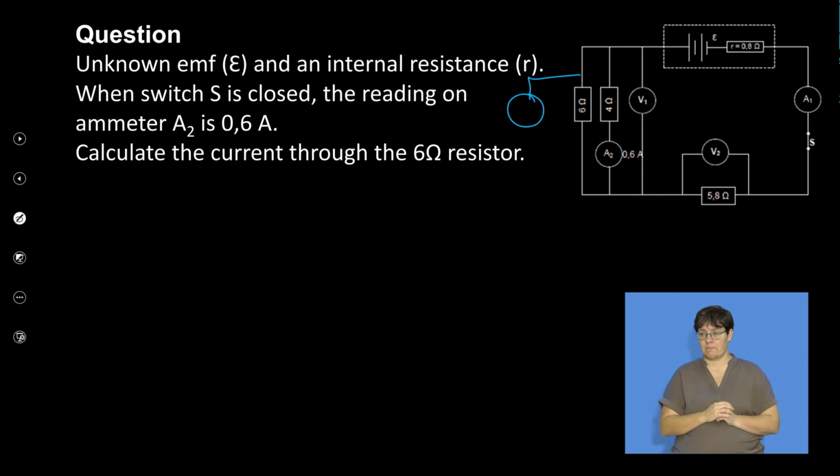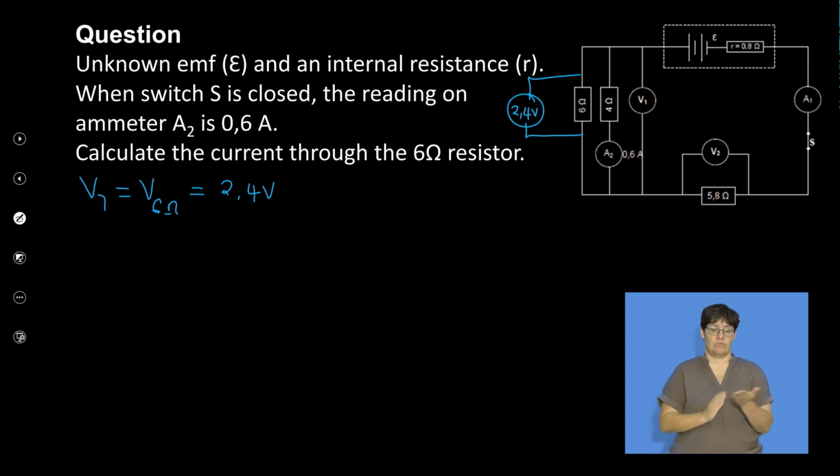So V1 is equal to V across 6 ohms, which is equal to 2.4 volts. We're using this value that we obtained.